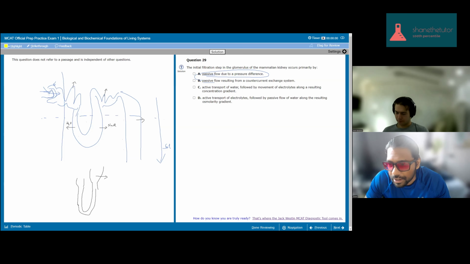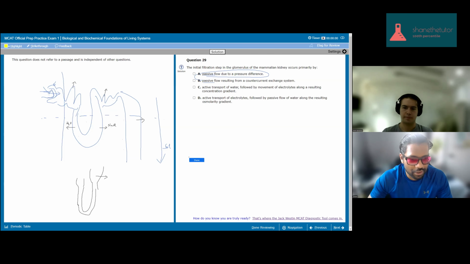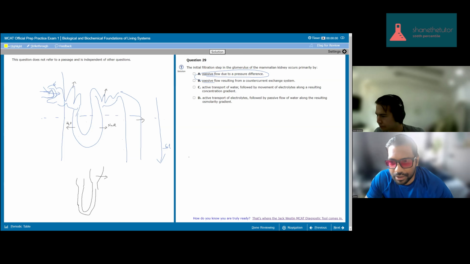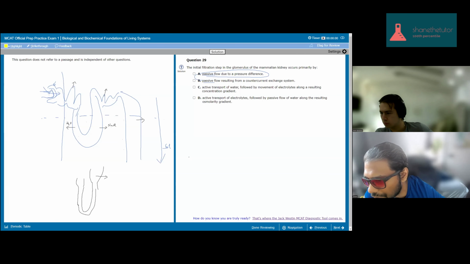Okay. Here's a picture in the chat. You can see the red arrows are active transport and the purple arrows are passive transport. In the proximal tubule, there's some active transport.